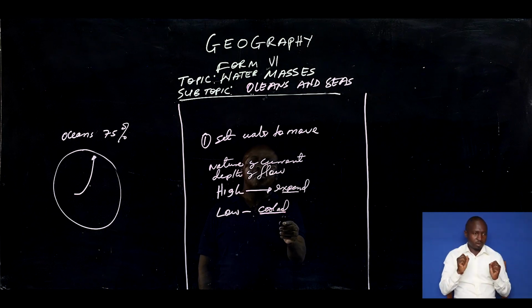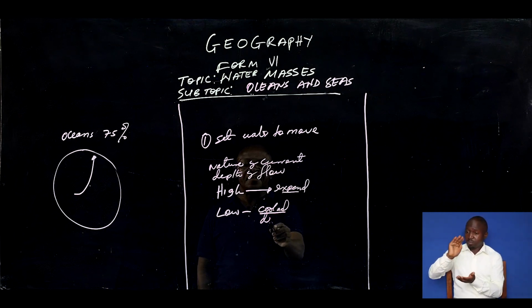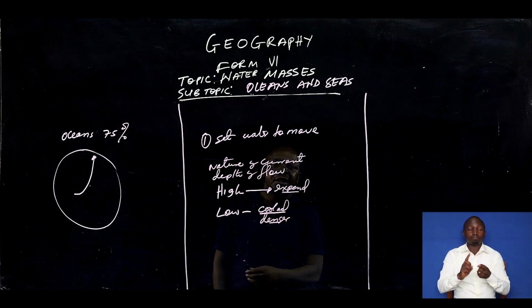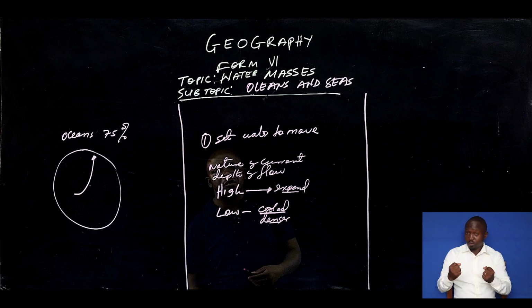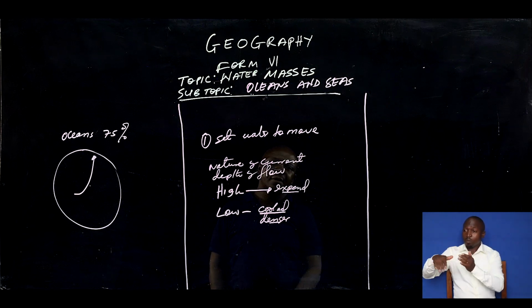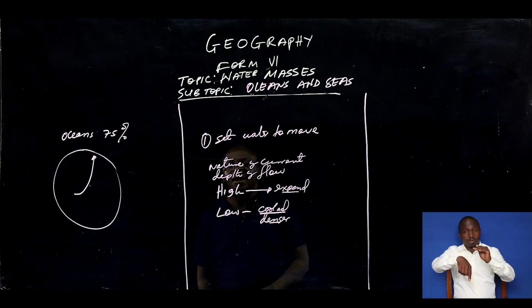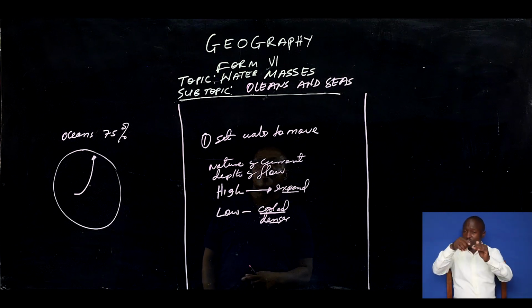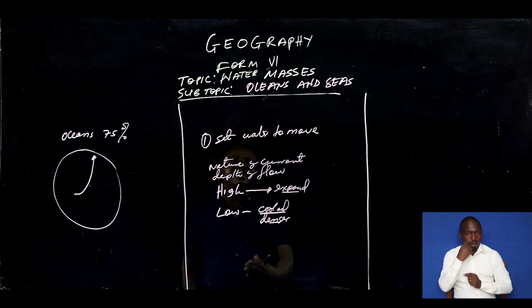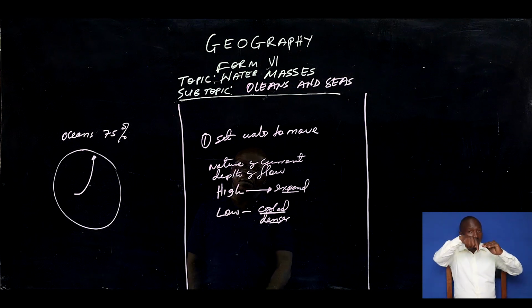Water, by being cooled, is made denser, and because of being denser, is made to move towards other areas at greater depths. So temperature influences currents by determining the nature as well as the depth of flow.